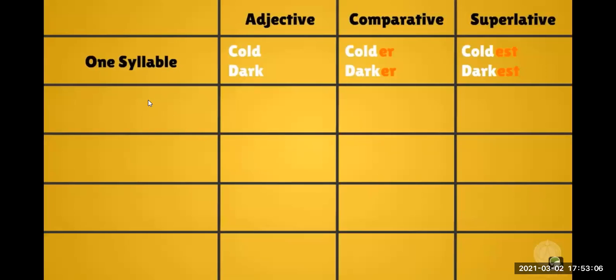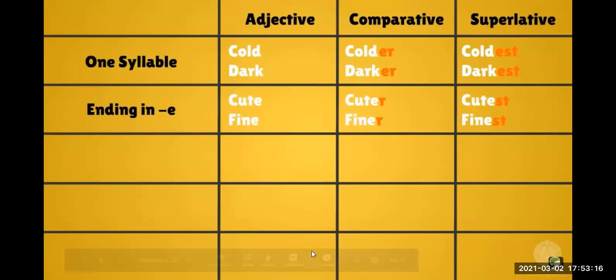Then we have here adjectives ending in E. When the adjective is short and ends in E, the only thing we have to do is add the R for the comparative and the ST for the superlative. Cute is the adjective, fine is the adjective. The comparative cuter and the superlative cutest.